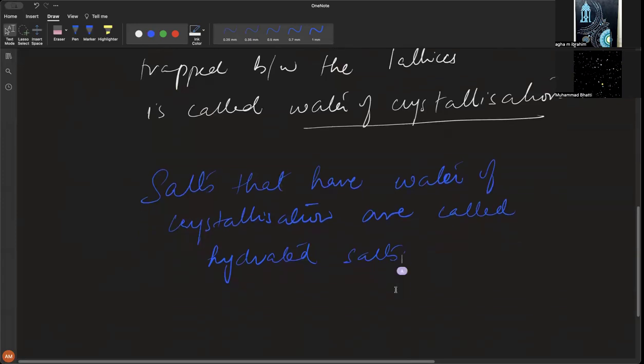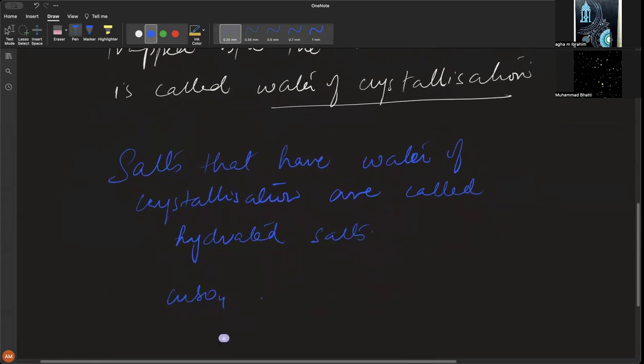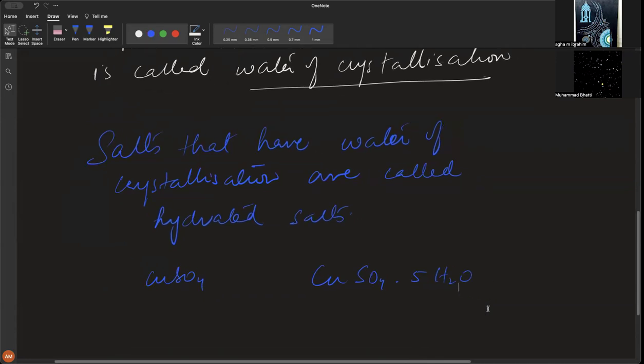An example could be copper sulfate. If there is water of crystallization, if it is crystallized, it can be copper sulfate dot 5H2O. What does this dot represent? Can you tell?